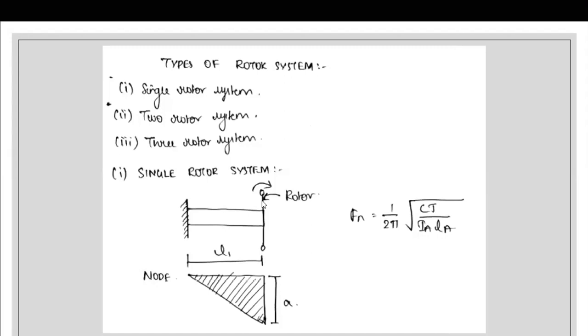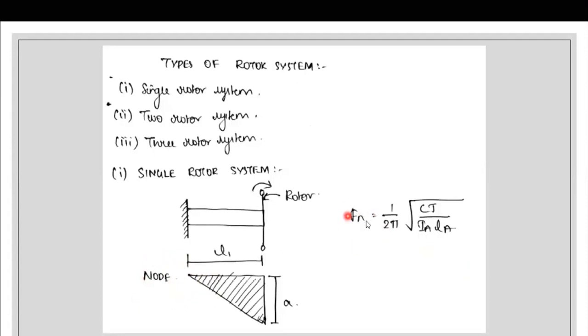So just understand one concept, that is node is a point where vibration will be 0 in the shaft. So this node concept will be asked most of the times in university examination. So have a mark on this.